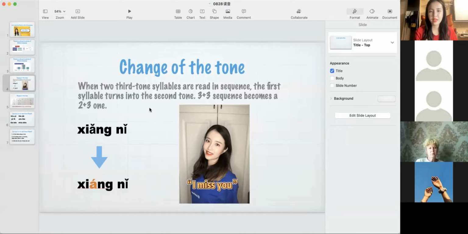So the correct pronunciation of this word is 想你, right? 想你. But when you pronounce fast, especially for all Chinese people, 想你, the first character changes into the second tone. So this is how 3 plus 3 changes to 2 plus 3.